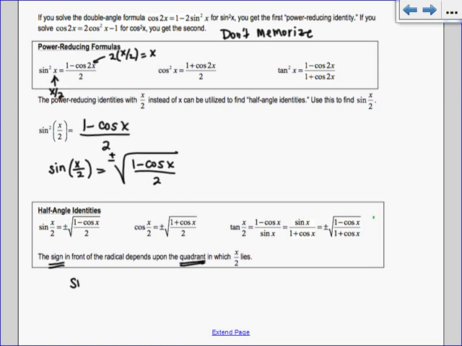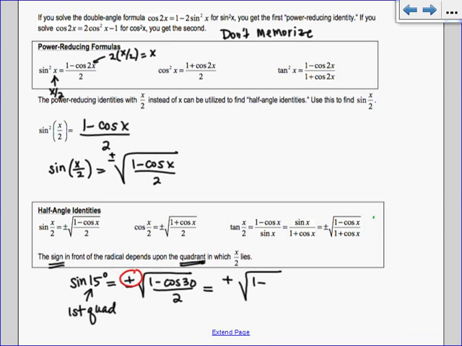So an example would be if I have sine of 15 degrees, I could do plus or minus the square root of 1 minus cosine of 30 all over 2. But I know that 15 degrees is in the first quadrant, so the sign of it has to be positive. Okay, so it's going to be the plus one. And you would continue the problem: I have 1 minus cosine of 30.